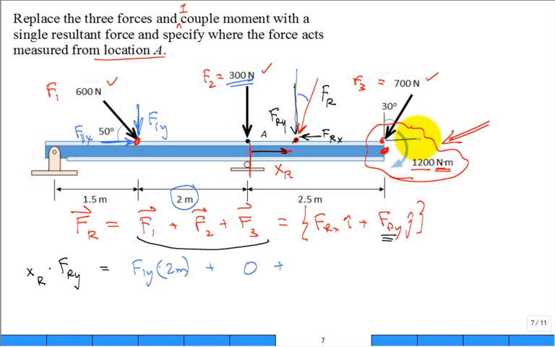I would decompose it into two components, right? And I would say this F3 in the x doesn't induce a moment, but F3 in the y does. That magnitude of F3 in the y is 700 newtons times, look at that angle, not the sine, but the cosine of 30 degrees.